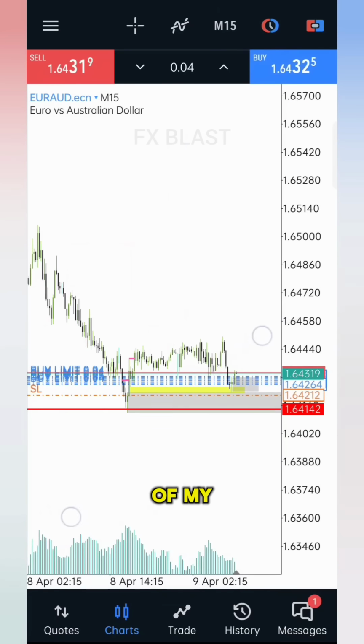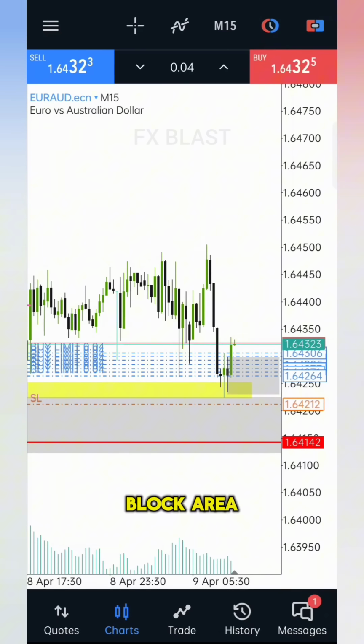So, I placed all of my limit buy orders in this internal order block area, and set my stop loss below it.